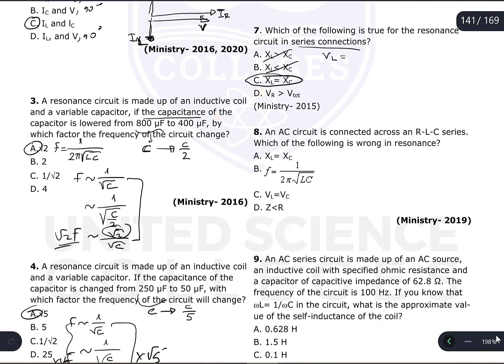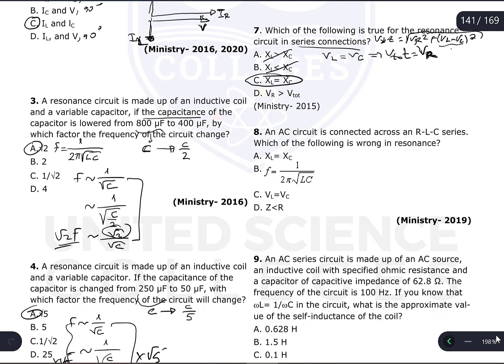VL and VC are equal, the potential difference across the capacitor and the potential difference across the inductor must be equal. In this case, V total becomes only equal to VR, because VL and VC are in opposite directions, so we should subtract them. Let's remember the V total equation. V total is equal to root of VR squared plus (VL minus VC) squared.